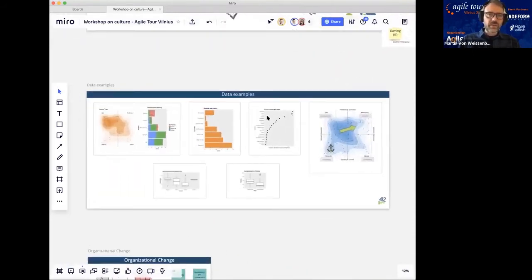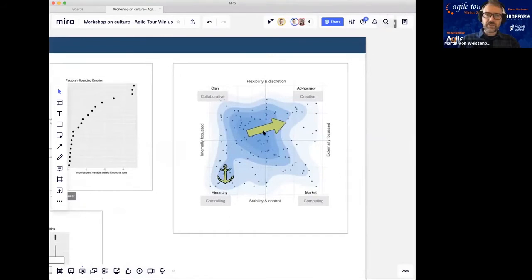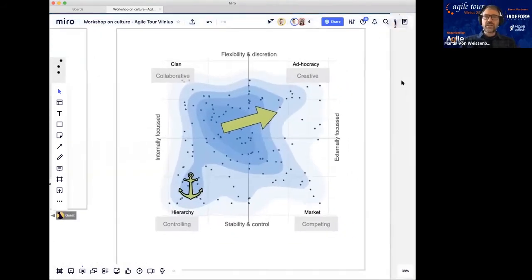So let me first zoom in on, for example, here on the anchor picture. What I'm showing you right now is basically input from results from various clients, and I'm going to keep them anonymous for the obvious reasons.